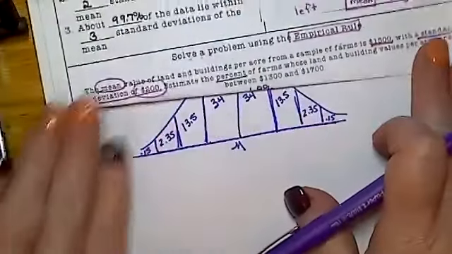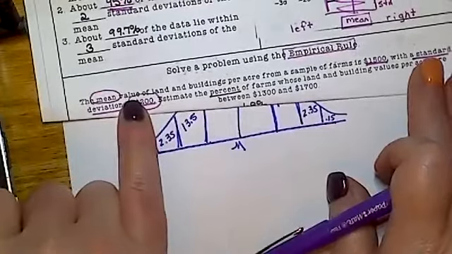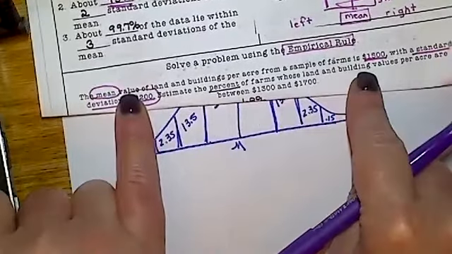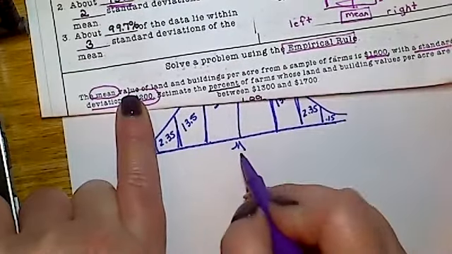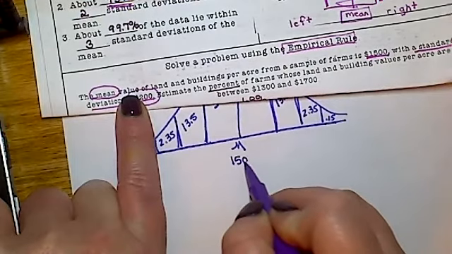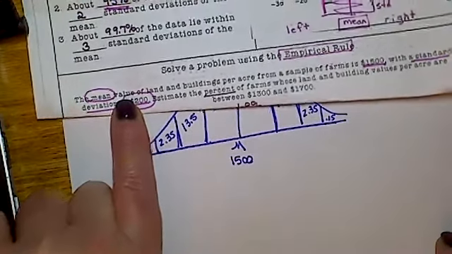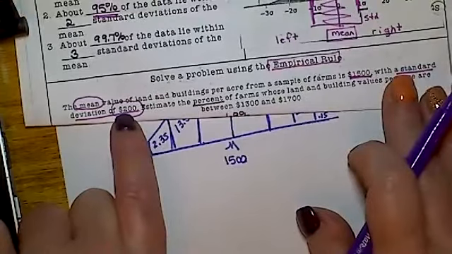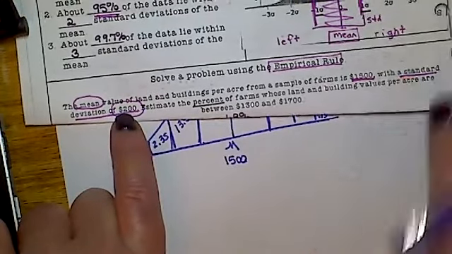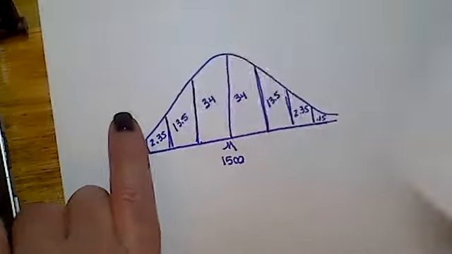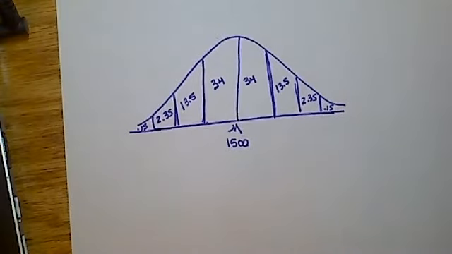It tells us that the mean value for the farms is $1,500. So I'm going to put $1,500 right there for my mean. Now my standard deviation is $200. So go ahead and see if you can label to the left and the right with your $200.